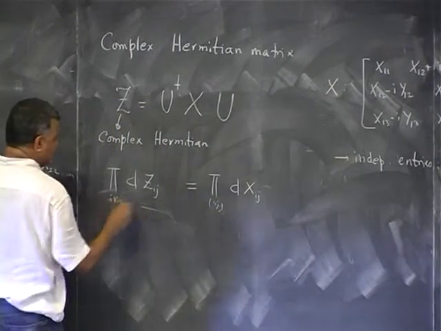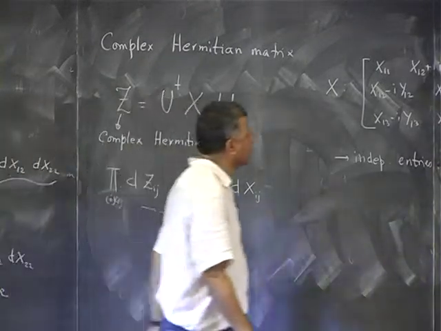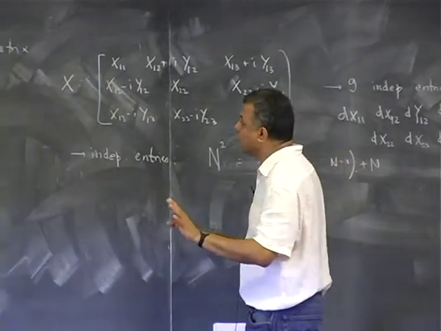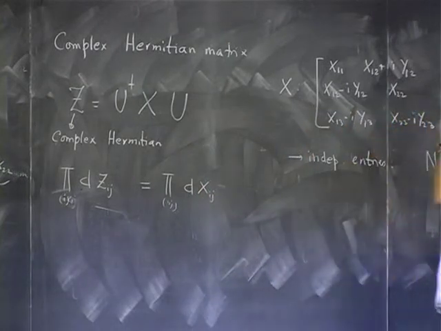When I write ij, this means over all independent entries. So again, the Jacobian is 1. Do it again for a 2 by 2 matrix, exactly the same way as before, and then you generalize it to n by n.